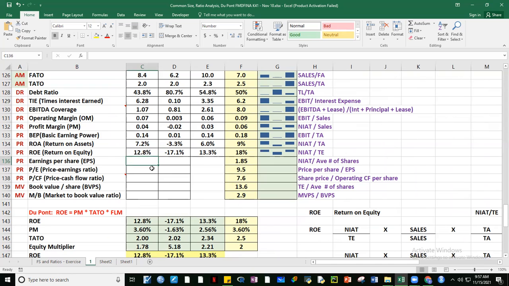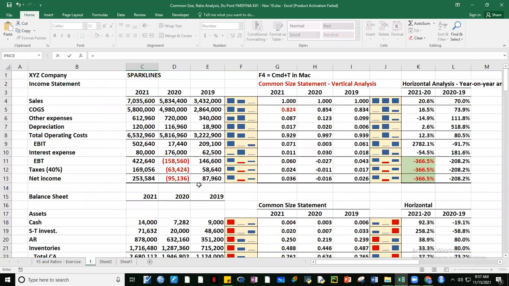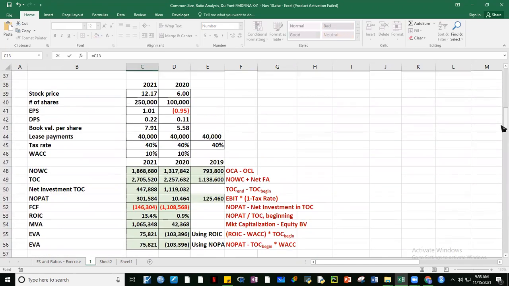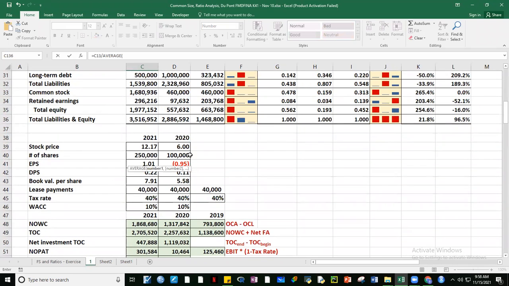Okay, so the last three profitability ratios are EPS, price earnings ratio, and price cash flow ratio. Okay, what is our EPS? It's just net income after tax divided by the average number of shares. So we compare net income after tax divided by the average number of our shares. Okay, the number of shares we have in 2021 and 2020, the average of that.